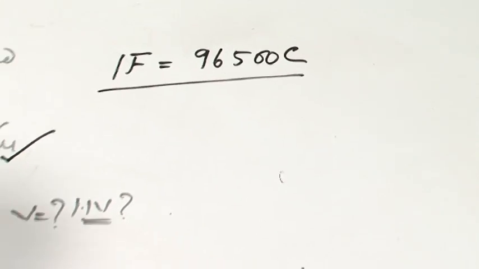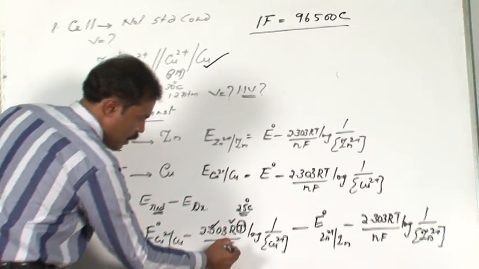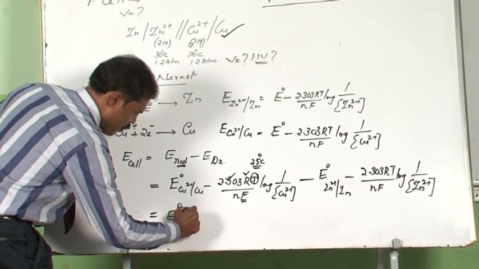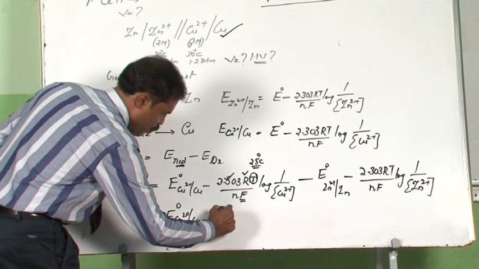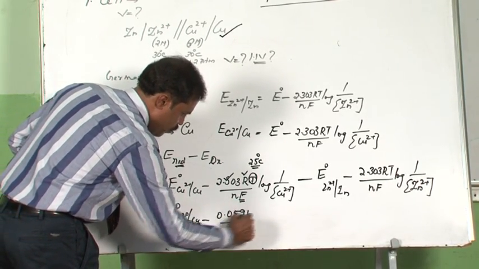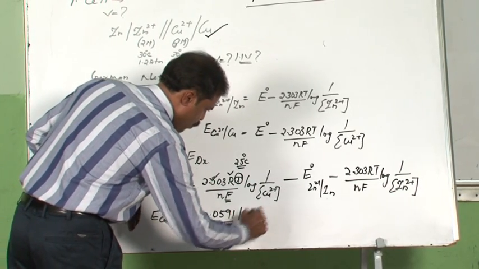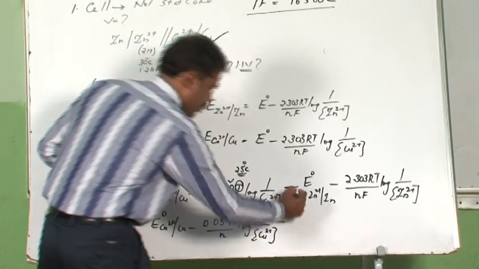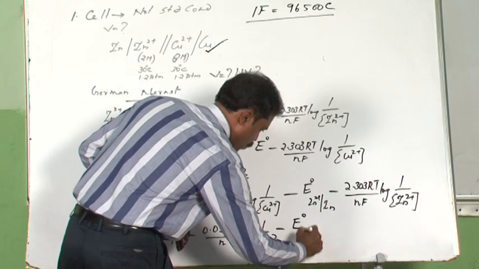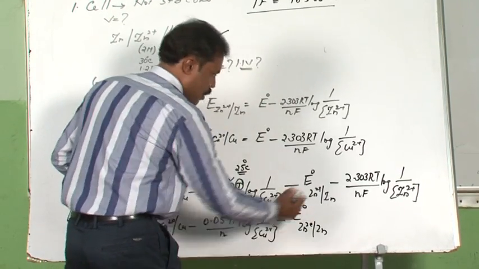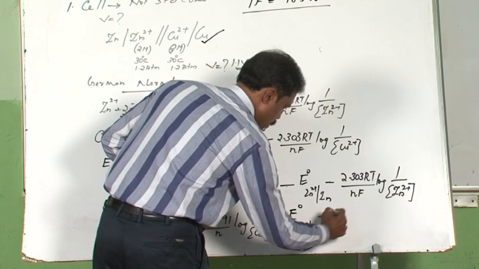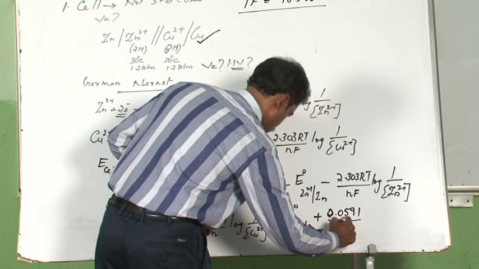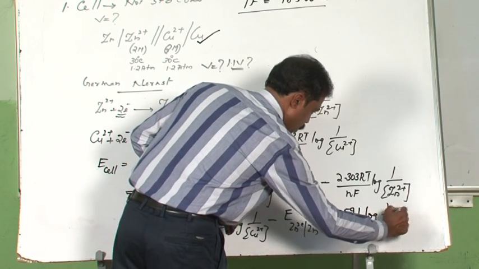We can work out 2.303 RT by F. It will come out to be E0 Cu2+/Cu minus 0.0591 divided by n log of 1 by Cu2+, minus E0 Zn2+/Zn. This minus with this minus will become plus, so it will be 0.0591 divided by n log of 1 by Zn2+.